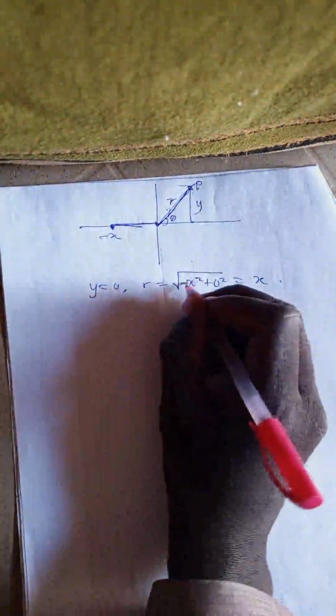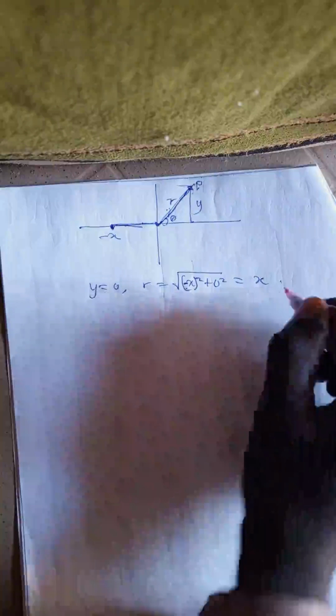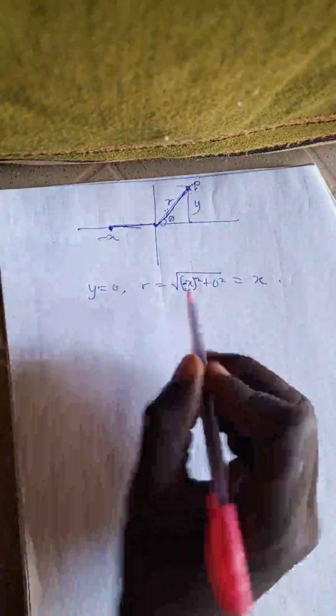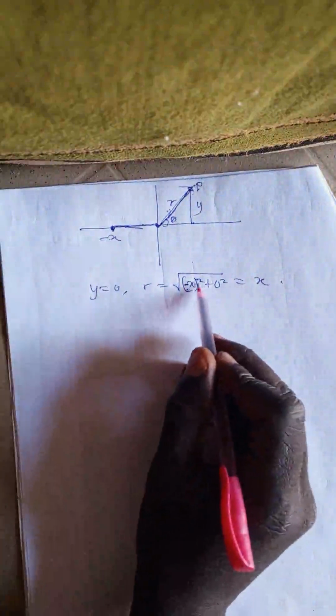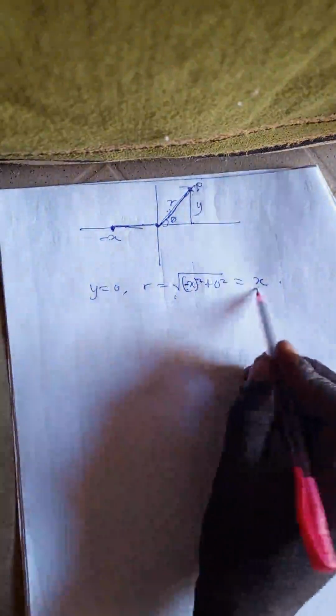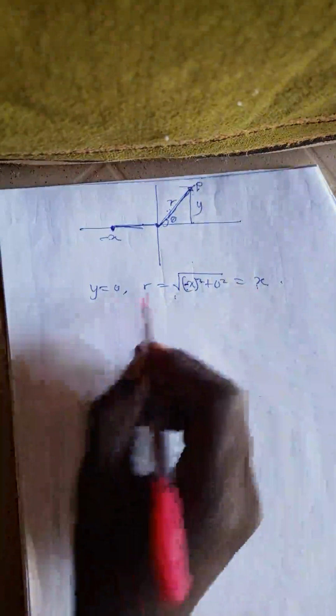Not necessarily because x is negative here, but we are dealing with the negative x, so we have to square first before taking the square root. And then this is equal to just x, because r is always a positive distance.